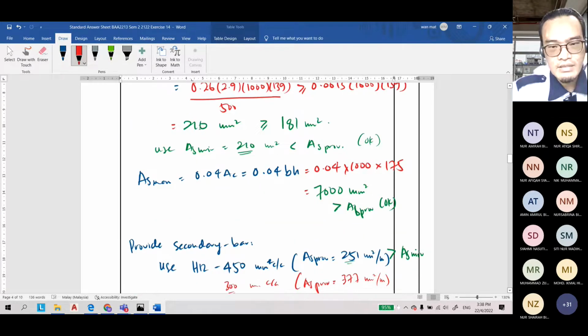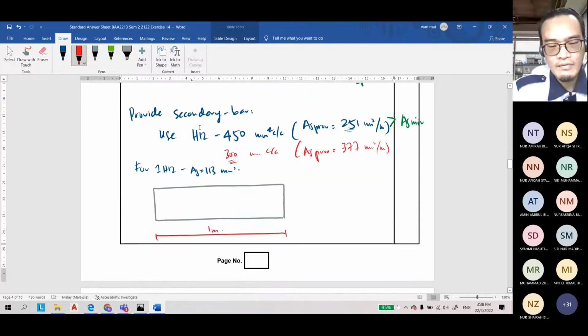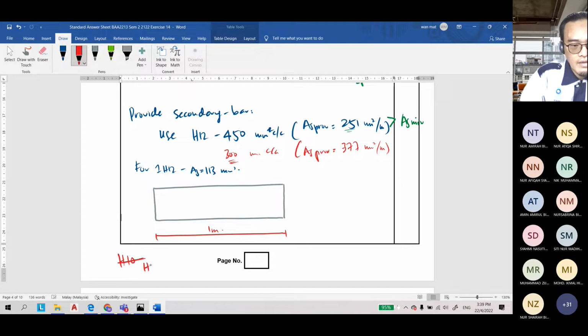This is quite hard for me to explain, so let's say I use H12 at 200. 1 meter is equal to 1000, so 1000 divided by 200, and I will get 5 spaces.